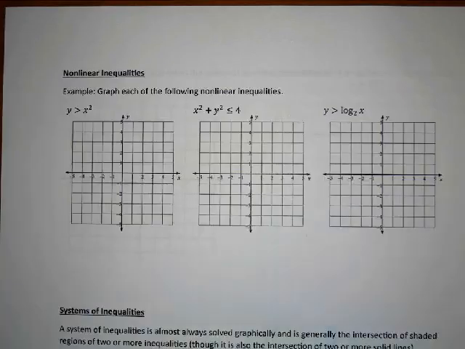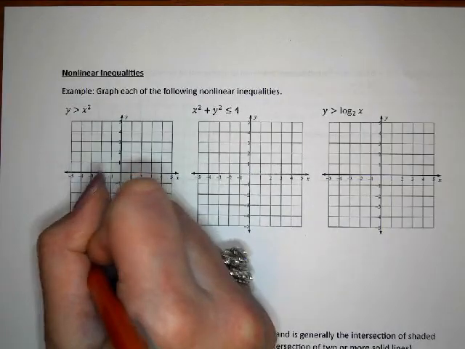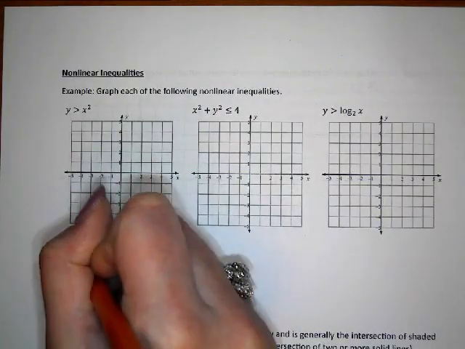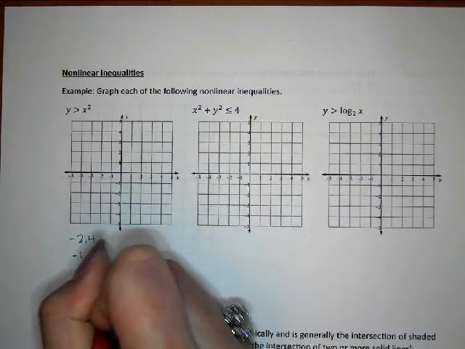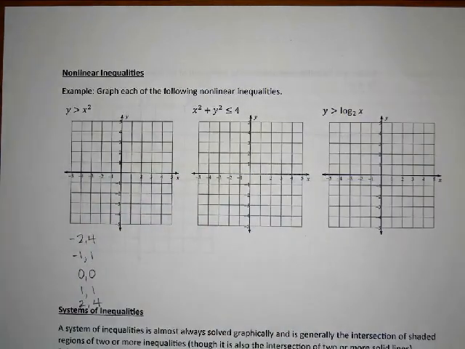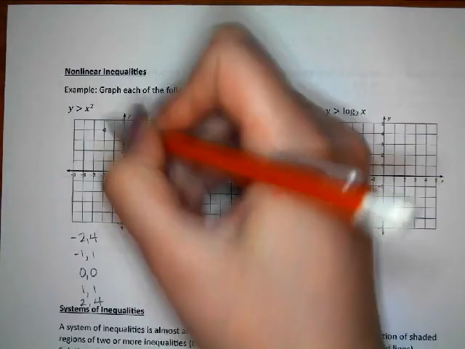So here we have y is greater than x squared. I know that x squared has these points if I go back and look at the table for my parent function. And so I'm going to go ahead and graph these points.